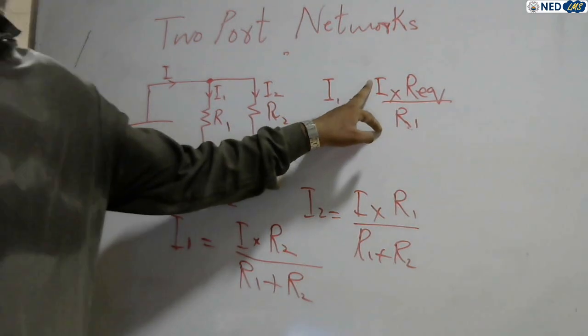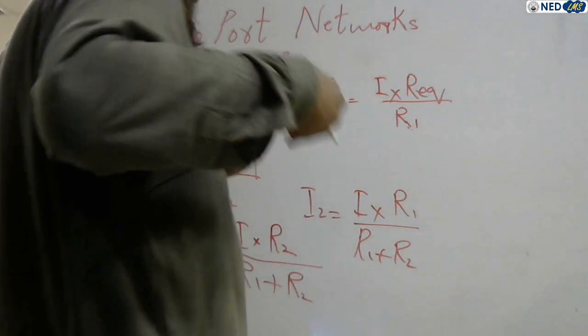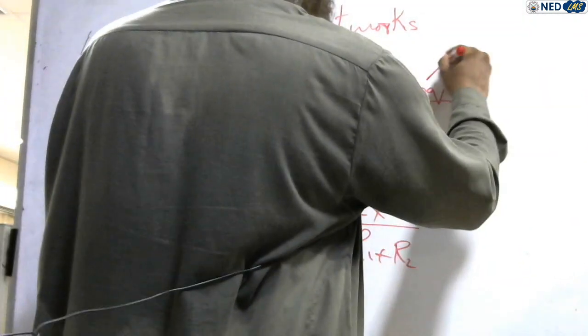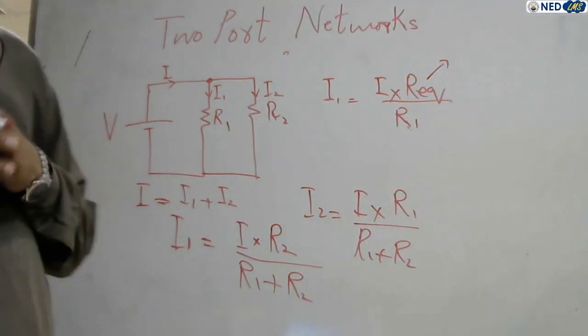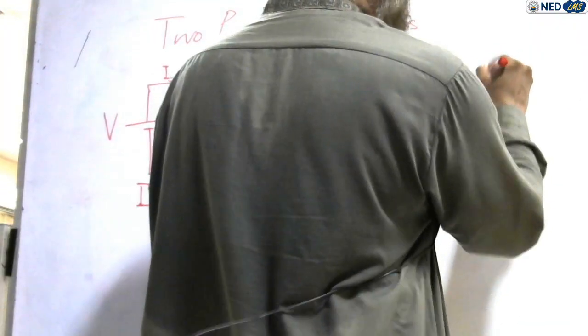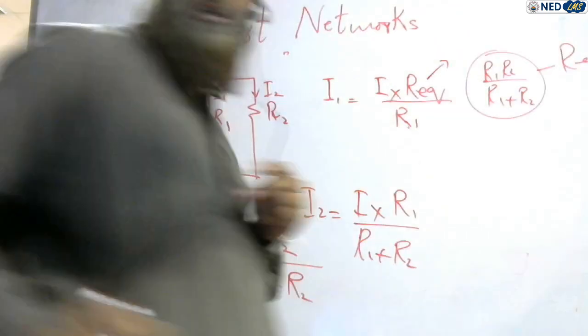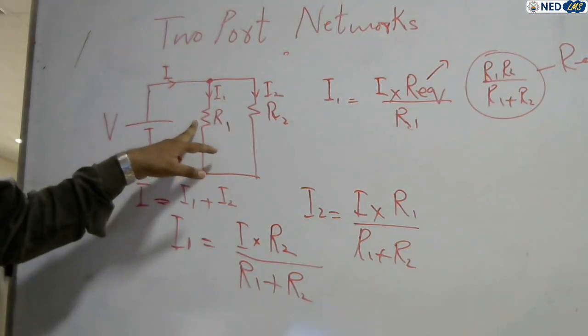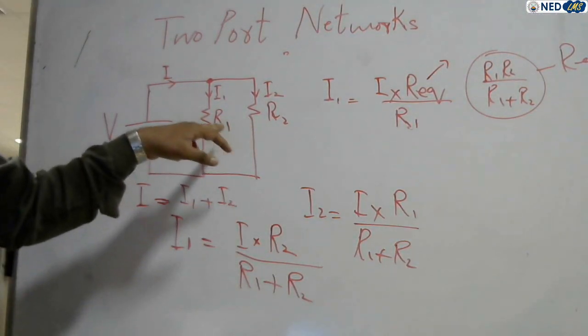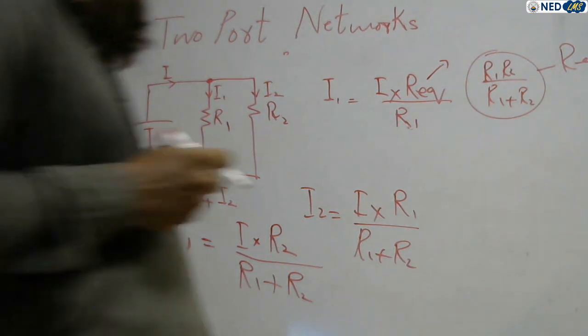How do we obtain this formula? Come up. Okay, what is the equivalent for two parallel resistance branches? R1 R2 over R1 plus R2. This is the parallel equivalent resistance for the two branches, right?